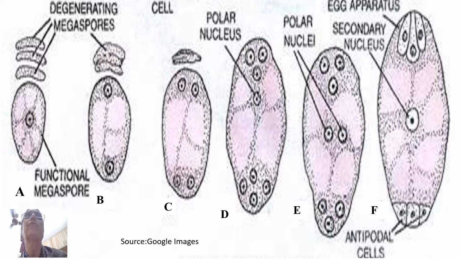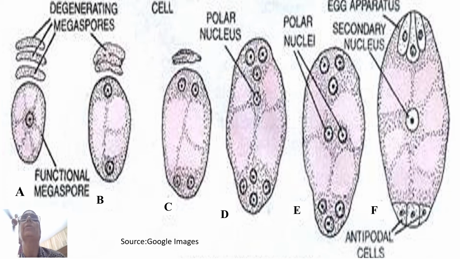A vacuole is formed and the nucleus undergoes mitotic division. The two nuclei formed are pushed towards the two poles, the micropylar end and the chalazal end. The micropylar one after some time undergoes mitosis, as well as the chalazal one.